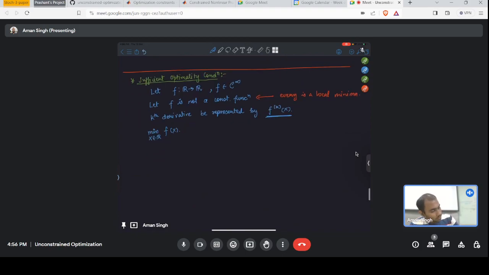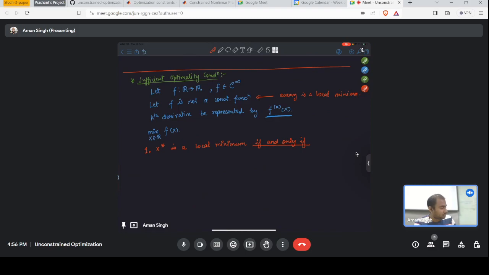Then the first theorem or first condition is: x* is a local minimum if and only if. So it's both necessary and sufficient. So this is if and only if.